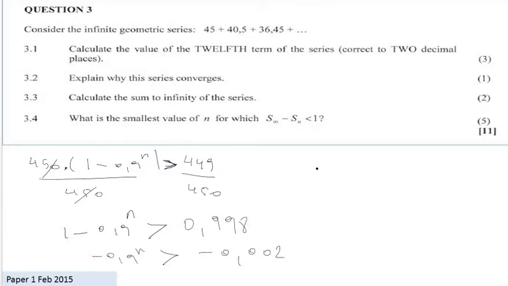So we need to change the orientation in order to remove that sign here. If we divide both sides by negative 1, we are going to say 0.9 to the power of n, and then we change. We can do that only if we divide both sides by a negative number. If you divide both sides by a positive number, we'll just leave it as it is.